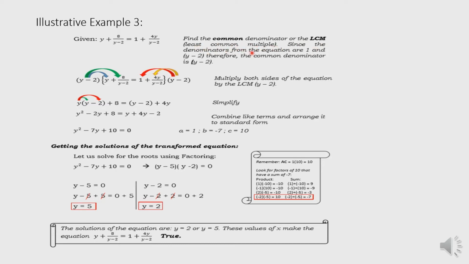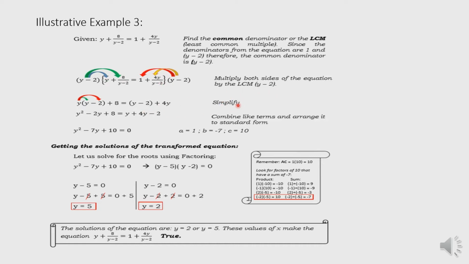Since the denominators of the equation are 1 and y minus 2, therefore the common denominator is y minus 2. And then multiply both sides of the equation, the left and the right sides.